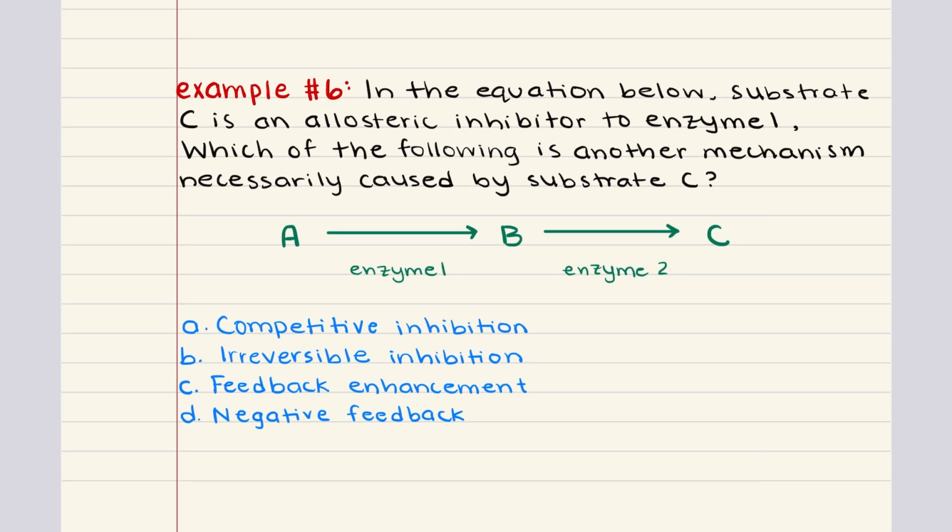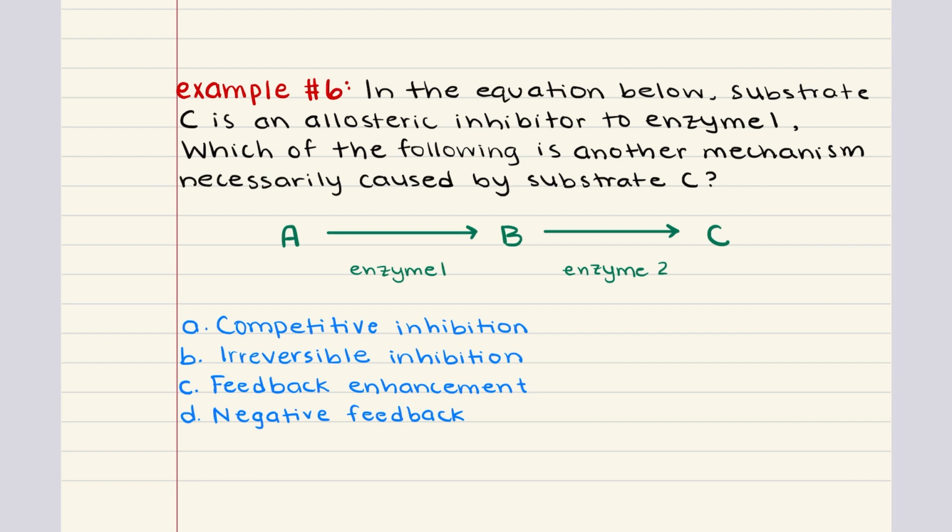Problem 6 says, in the equation below, substrate C is an allosteric inhibitor to enzyme 1. Which of the following is another mechanism necessarily caused by substrate C? So this question asks about a pathway where substrate C acts as an allosteric inhibitor to enzyme 1, which catalyzes the first step in the sequence.